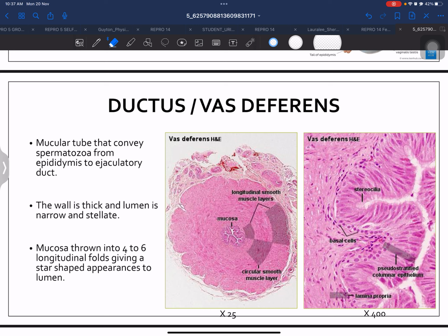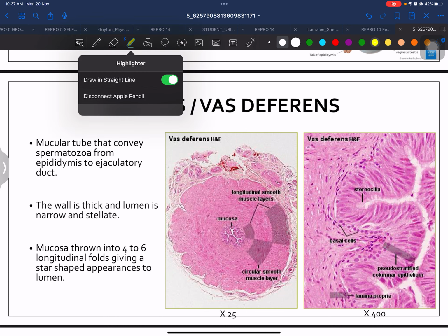It is a muscular tube, and the lumen itself is star-shaped. This is a muscular tube which conveys the spermatozoa from the epididymis to the ejaculatory ducts.